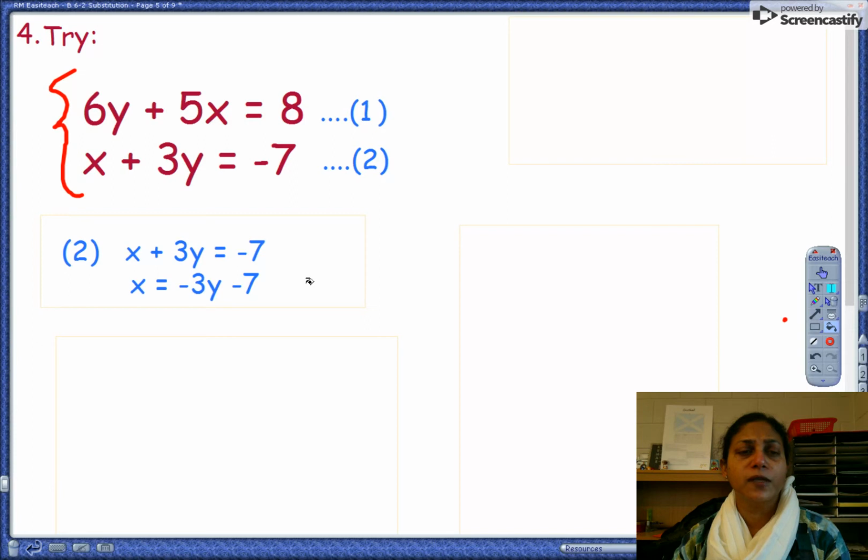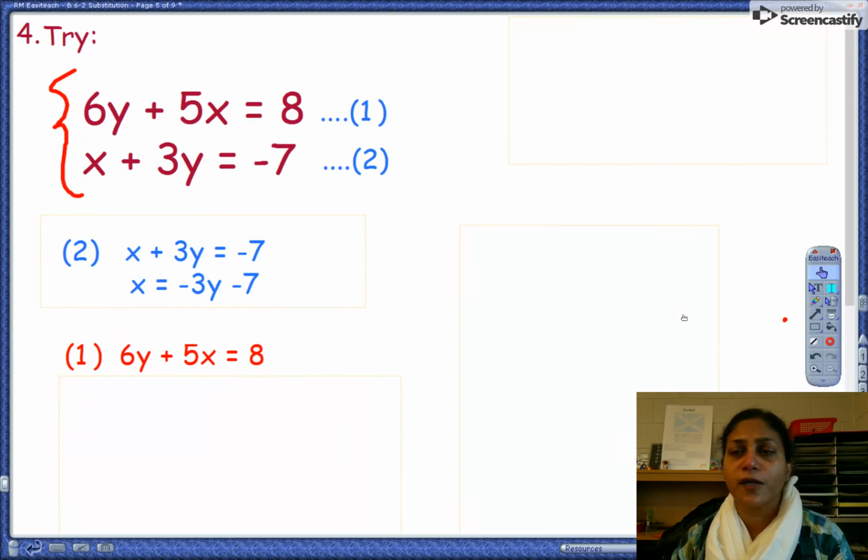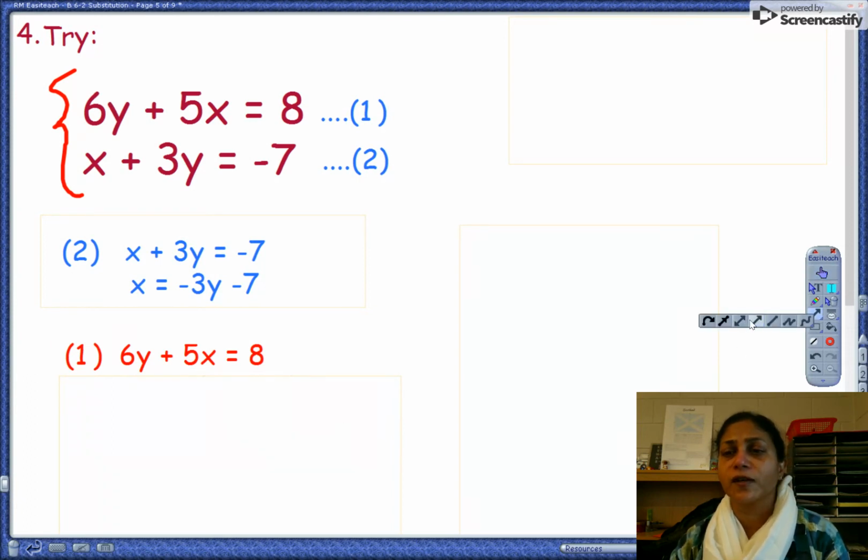Here we go. Turns out that I can use my second equation to isolate just the x, and x is negative 3y minus 7. I'm now going to use that in the other equation. Remember, you have to use it in the other equation, otherwise you will end up getting no answer.